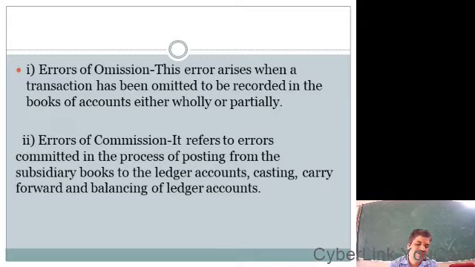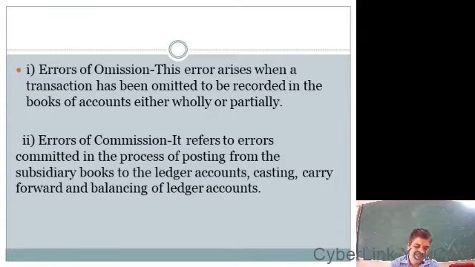Now, we'll see some examples relating to errors of omission. One: if a credit purchase of goods is omitted to be entered in the purchaser's book, it is an error of complete omission. Next, omission of sales from the sales day book. This is one more example.